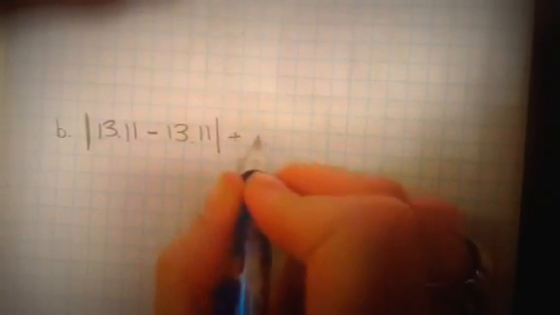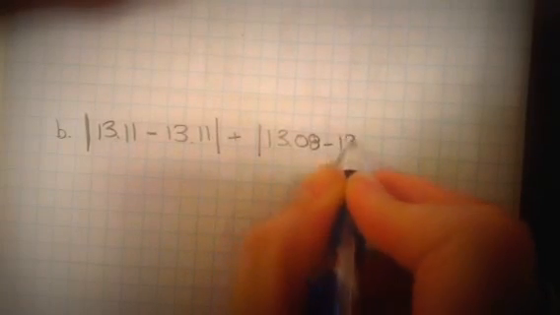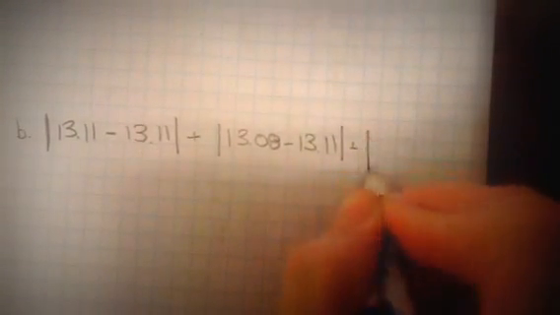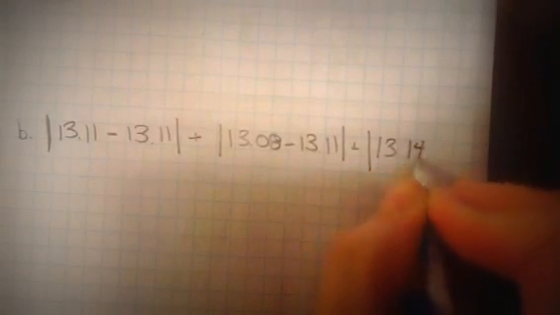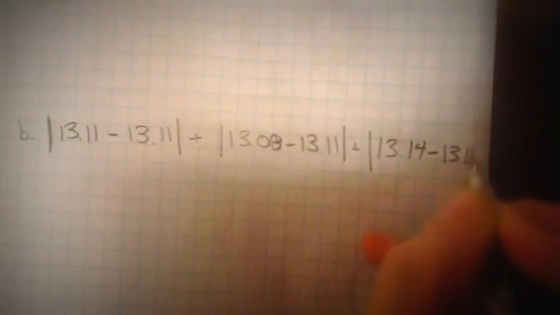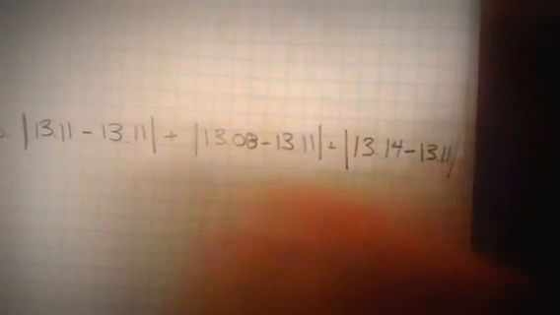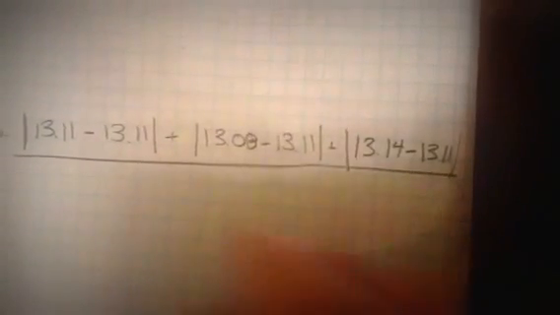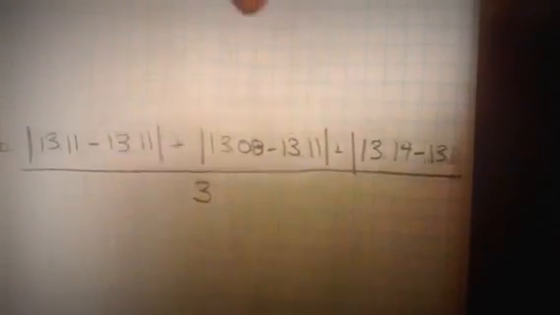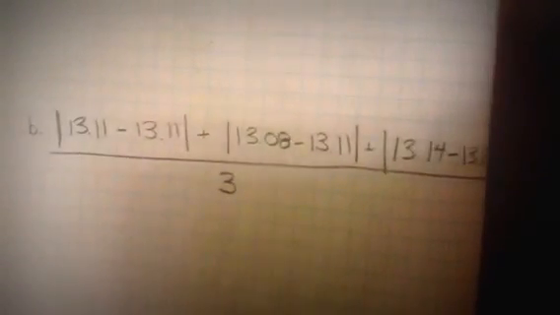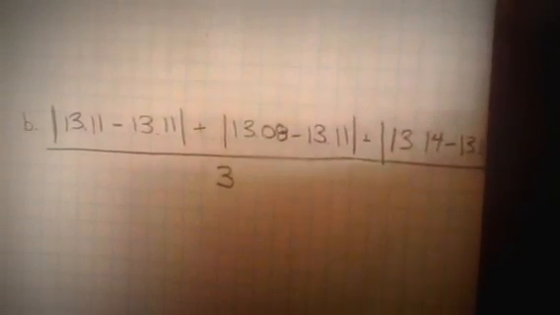Then add that to the absolute value of 13.08 subtracted from 13.11. Again, that's absolute value. And lastly, 13.14 minus 13.11, absolute value. Same number of data points, so we're going to divide the whole thing by 3. This will help us determine the precision of this problem.